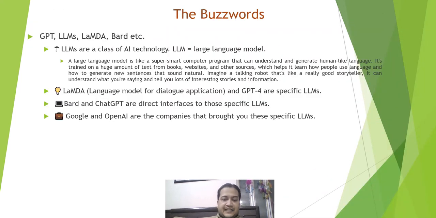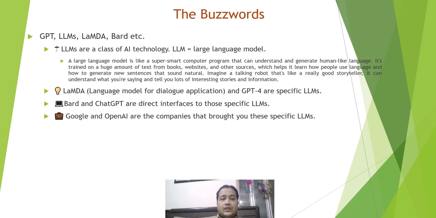Now, coming to the second topic of this video, the buzzwords. What are these buzzwords? GPT, LLMs, LaMDA, BARD. You might be hearing all these words day in, day out nowadays. LLMs are nothing but large language models. It's a class of AI technology, artificial intelligence.